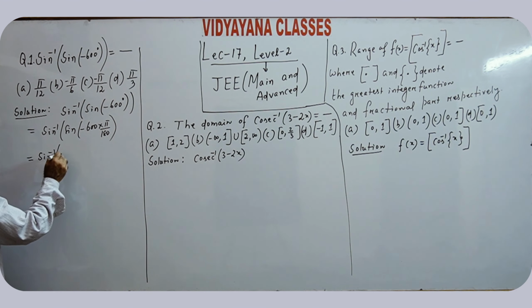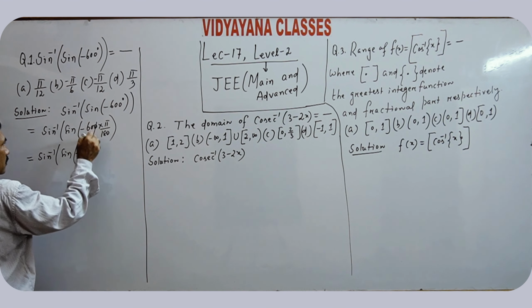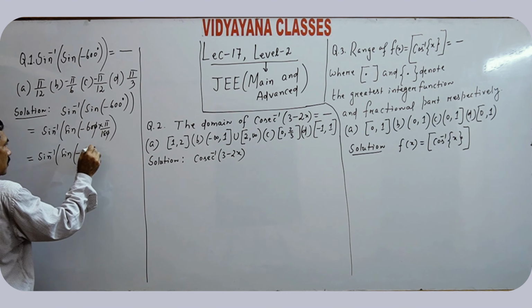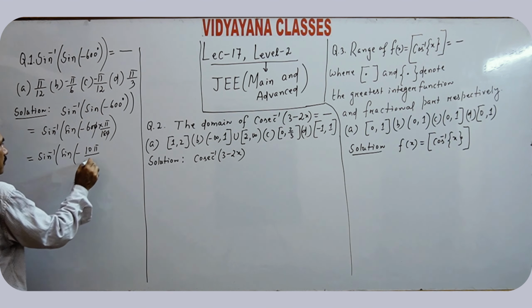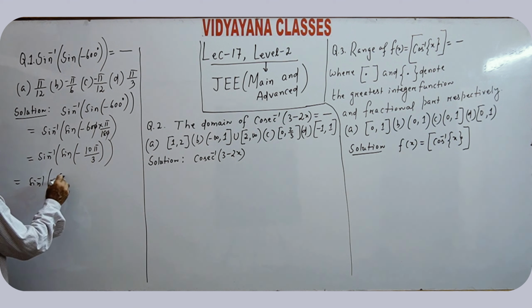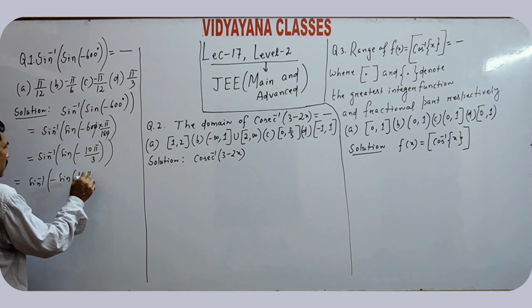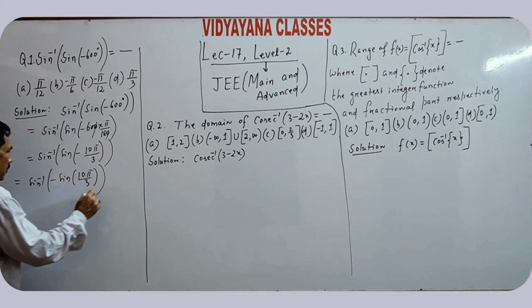Which is same as sin inverse sin minus 10 pi divided by 3, which is same as sin inverse minus sin 10 pi divided by 3.